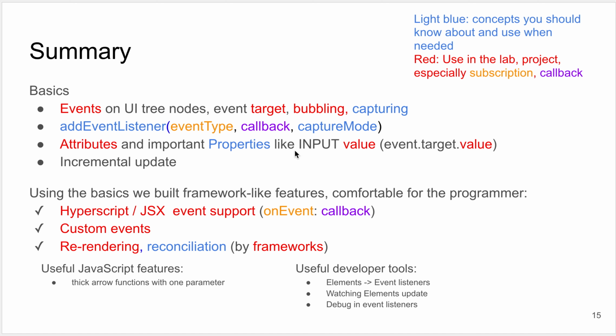Also, we have seen that at least to interpret input events, we need to look at the value property of the respective input, which we get from event.target.value. Those types of properties, although we use mostly attributes in interaction programming nowadays, like value for an input box, checked for a checkbox, and so on, those we still need to read from the DOM.